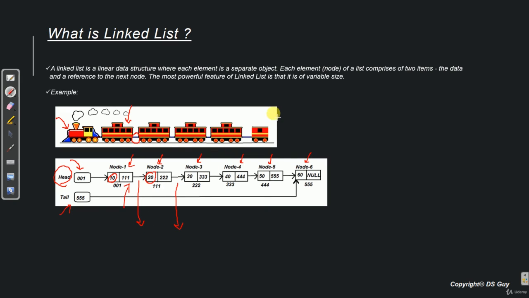And finally we had a guard's room which is always at the end of the train. Similarly, we have a tail which always points to the last node of the list. Now how do we insert new nodes or remove existing nodes, and what is the use of head and tail? All those finer details, we'll talk about in later videos.